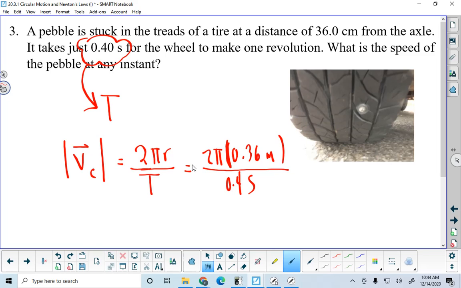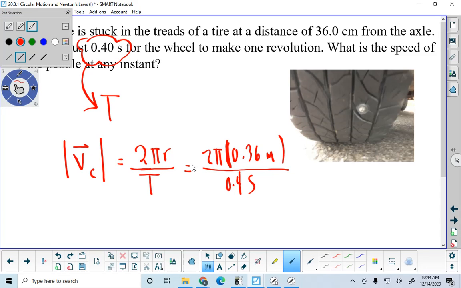Seems reasonable. Just wait for a couple other people to chime in. Andrea's got it. We'll wait for a couple more. I'll go ahead and commit myself. Farhan, Sienna both have it. So 5.65 meters per second. Technically, we should go to 2 significant digits, but I really don't care. I'm going to say 5.65 meters per second.